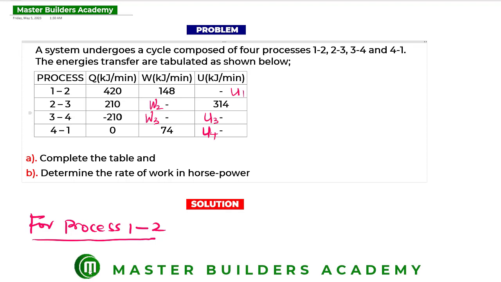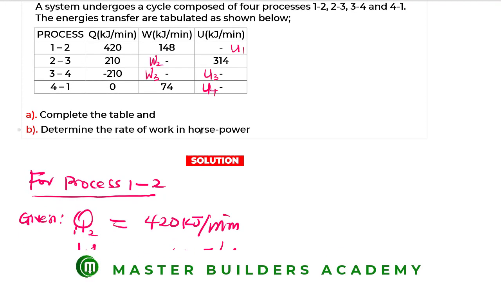So what we are going to do first is find U4, because in the fourth process only U4 is unknown. In the third process, we don't know W3 and we don't know U3, and both values on this row would have to be taken from one equation. Because of that, we will skip this process first and go to process 4 to 1. I hope you understand the reason why we are doing this.